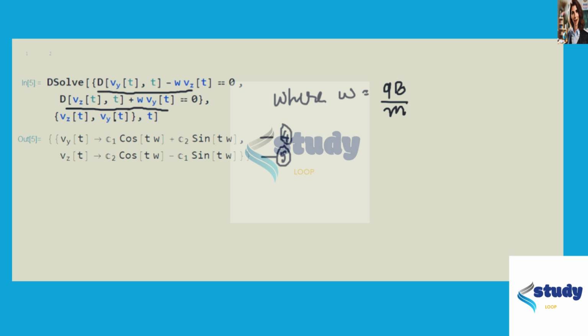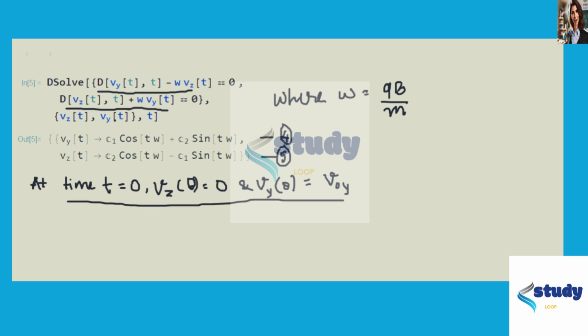Let us find the constants from equations 4 and 5. The question says that at time t equals 0, there is no velocity in the z direction, and in the y direction the velocity is v0y at the initial time.